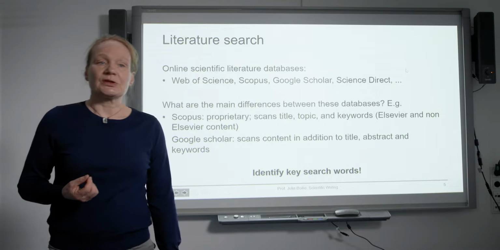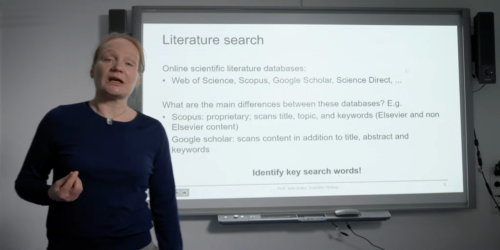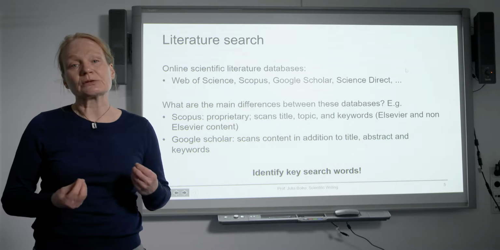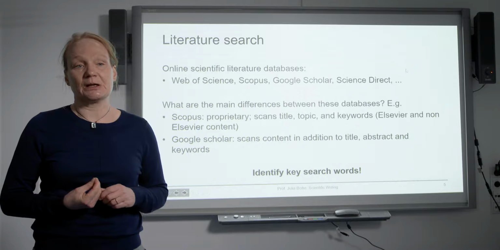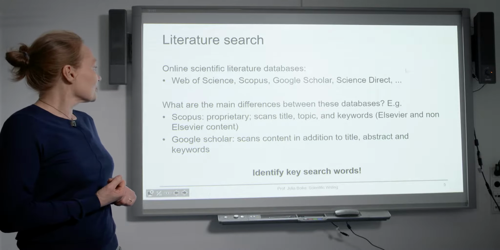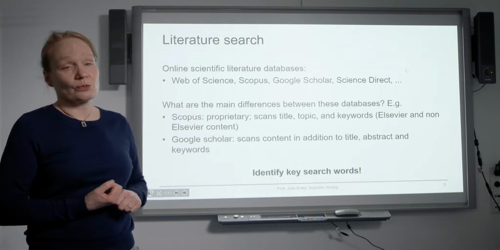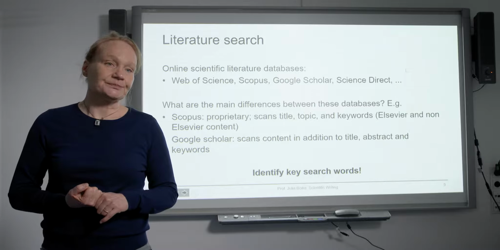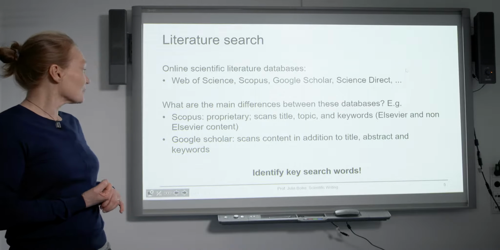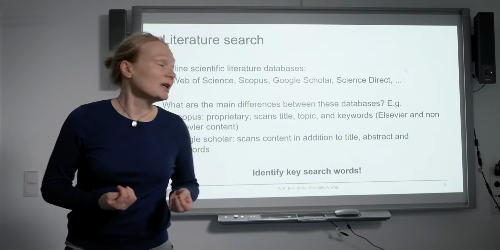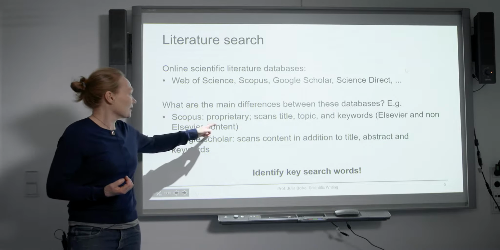Literature search. So I'm going to tell you a little bit about the online searches that you can do to find out the background of your research, what is available out there. And there are some online scientific literature databases, such as Web of Science, Scopus, Google Scholar, or Science Direct. There are differences between these different databases. So, for example, Scopus is proprietary.